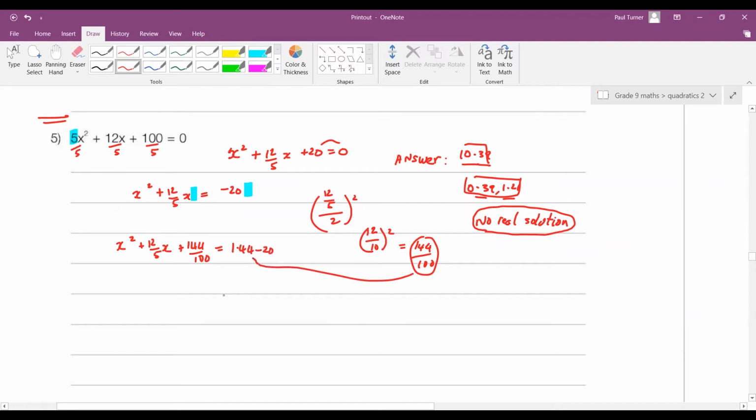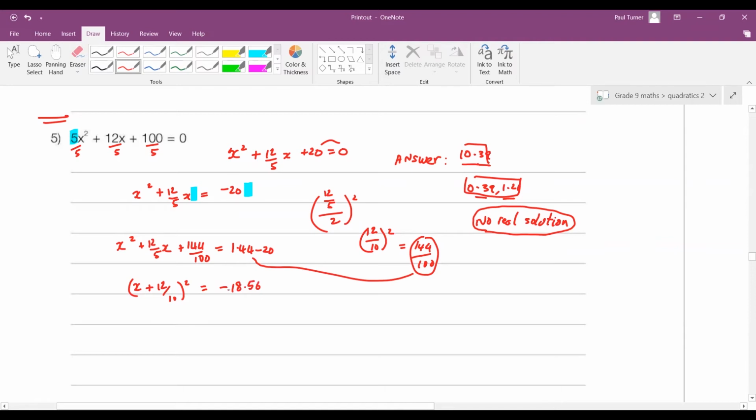Okay, I'll just put that in there. So this would have been x plus 12 on 10 squared. And you can simplify that too, but you're going to end up with minus 18.56 on this side, right?